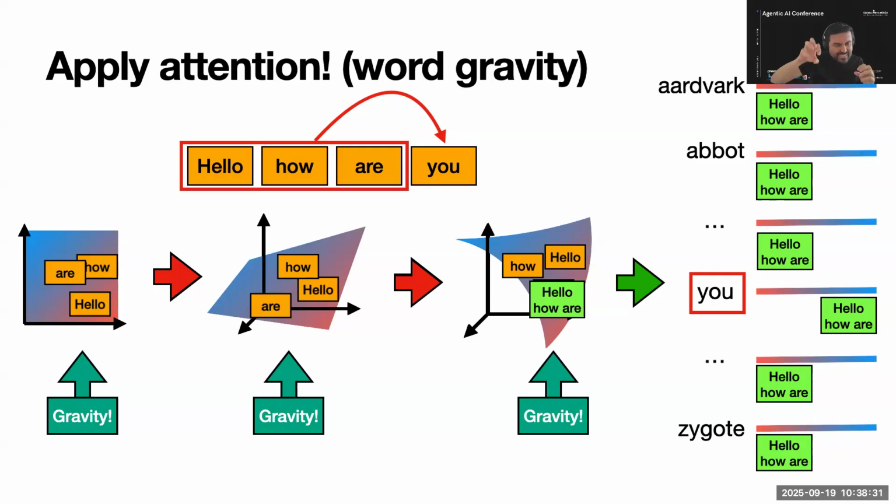And so the words really get soaked in each other's meanings, right? Like I used to have hello by itself. Now it's like hello, how, are. They get really, really entangled. And that's how I add context. So at every stage of the neural network, I add context, add context, add context. And by the time I get to the end, these words are good friends. You know, they're like buddies.